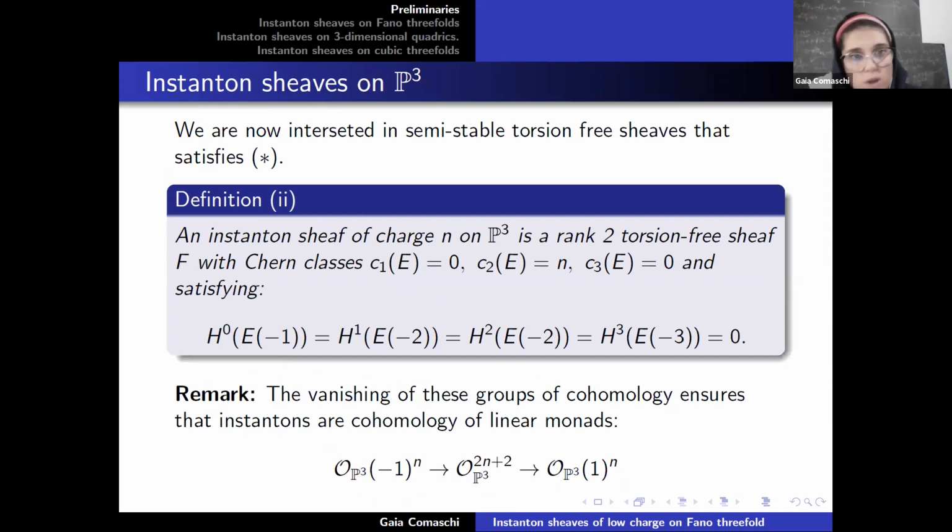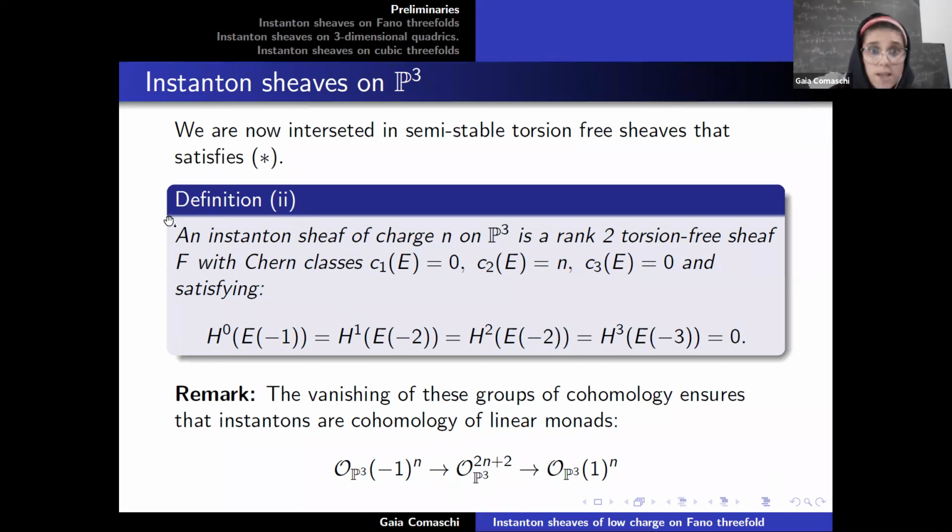If now we wonder how to extend the notion of instanton in order to include also not necessarily locally free sheaves, we can give the following definition that was first introduced by Jardim and Gargate.